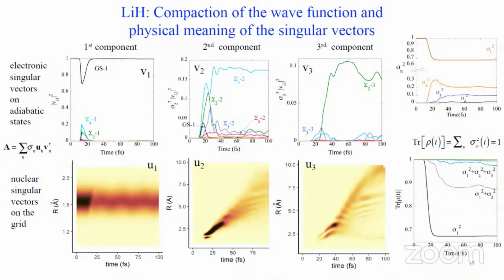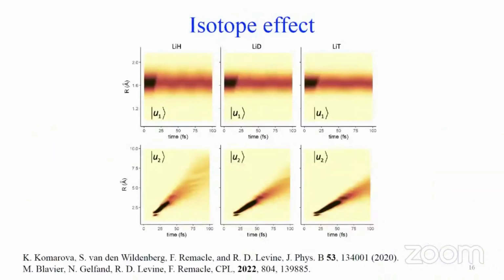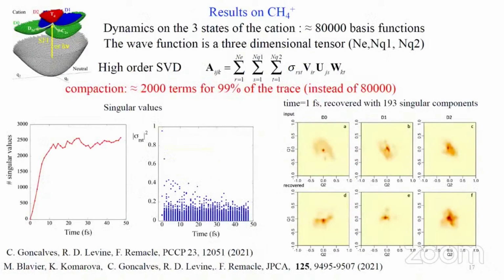So because my nuclear singular vector is localized in the Franck-Condon region during the excitation, I will have one component that describes all the electronic states that fall in the Franck-Condon region. But as time moves on, as I already said, you have a more complex meaning of this singular vector. And we can describe isotope effects, but I will not talk about it now.